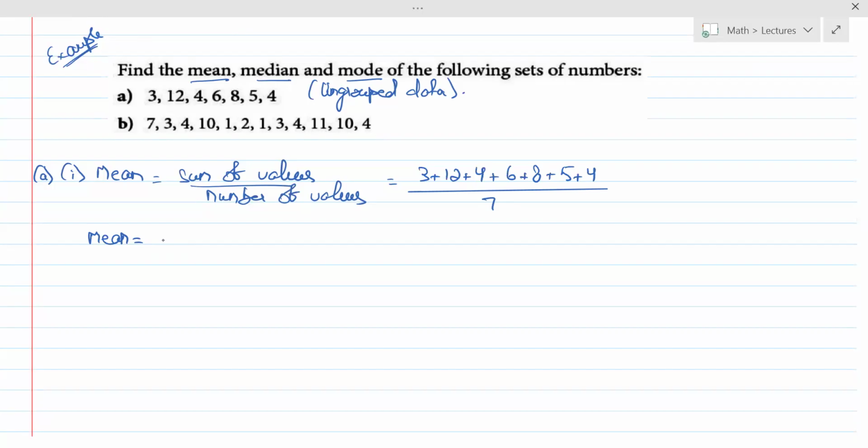So 3 plus 12 plus 4 plus 6 plus 8 plus 5 plus 4. So numerator gives us 42 upon 7, and 7 6 are 42. So we get the mean as 6.